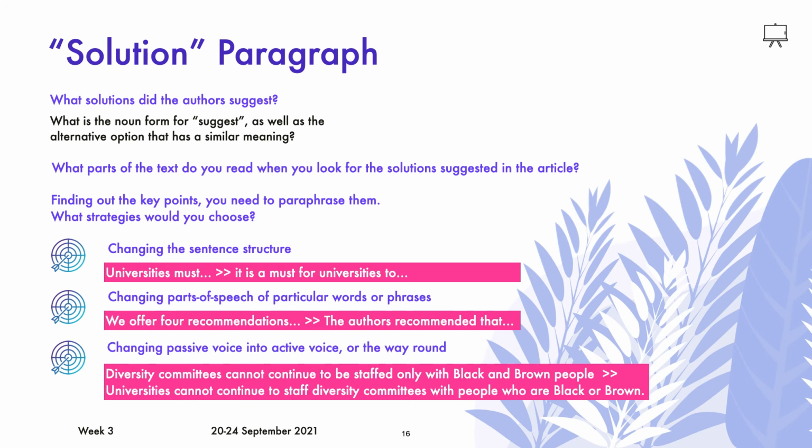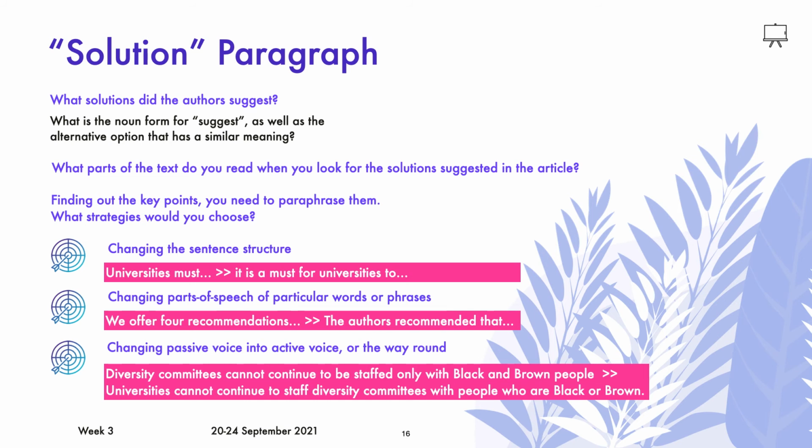After finding the key points, you have to paraphrase them. You can't just simply copy and paste the author's main ideas into your summary text. You have to change the words so that it becomes your own words. So what strategies would you choose? I have given you 3 main strategies.